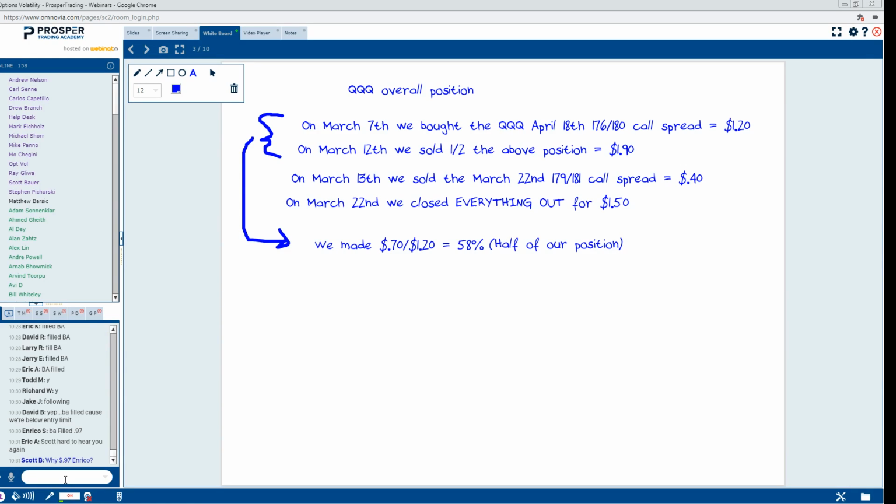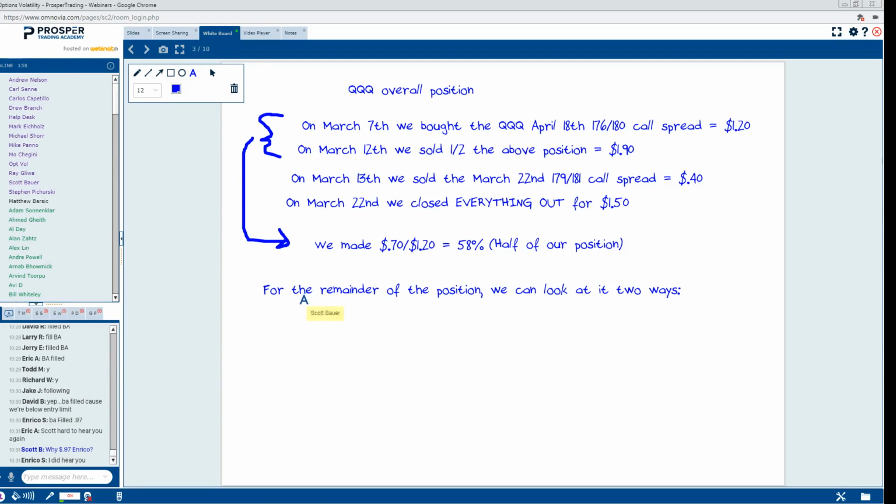So what are the ways that we can look at the balance of this QQQ position? For the remainder of the position, one: what price did we essentially have the combination of the original and the adjustment on together as a spread?